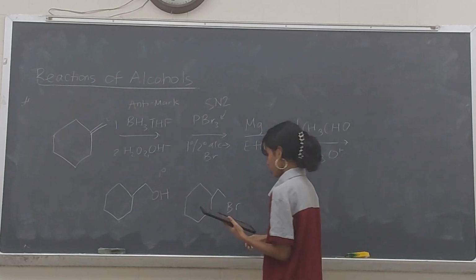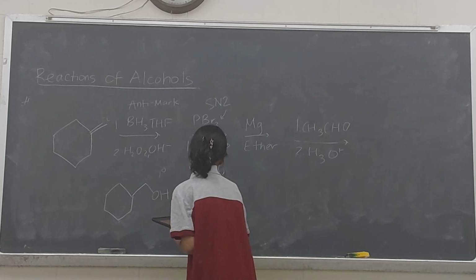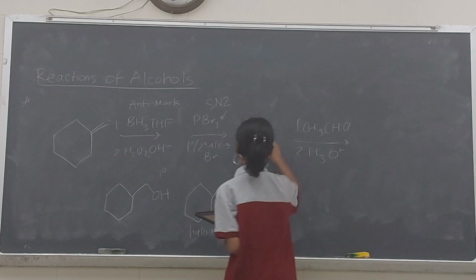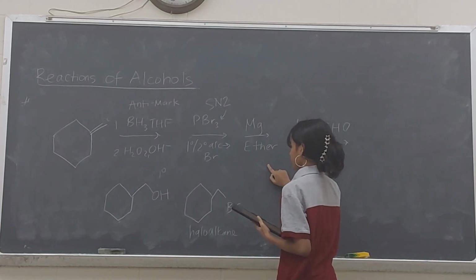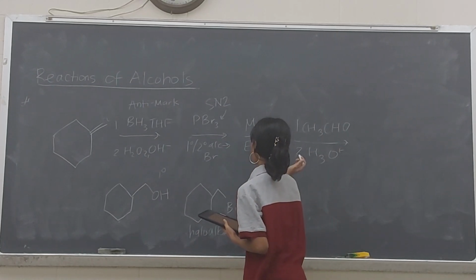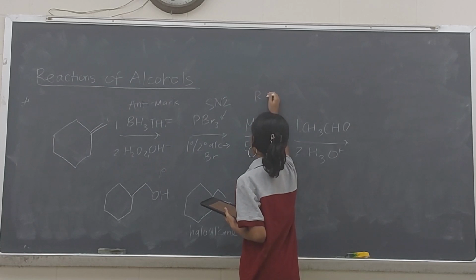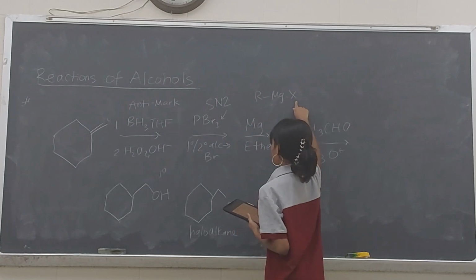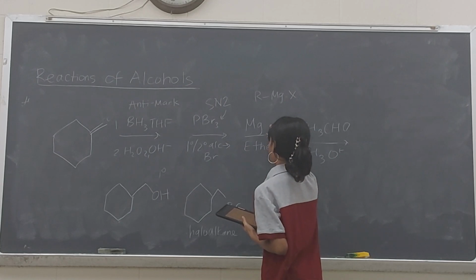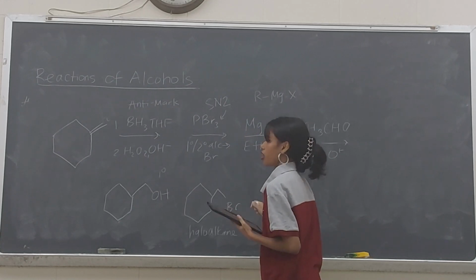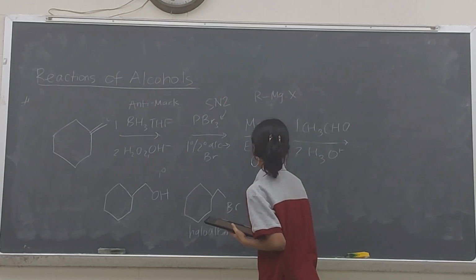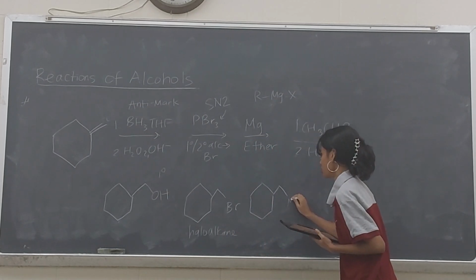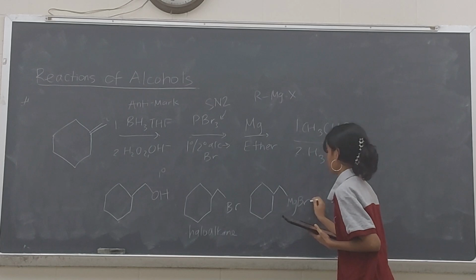And then we have a haloalkane. And then we're adding Mg and ether, so it's going to turn into a Grignard, right? So in this case, X is the Br, and we're just adding the Mg. We don't have any R group. So we're just gonna add Mg and keep the Br.